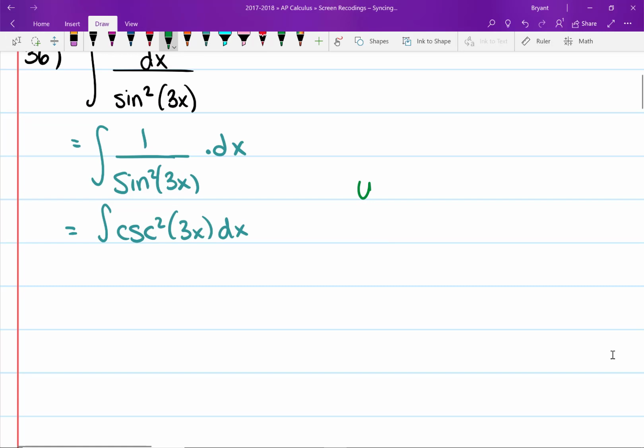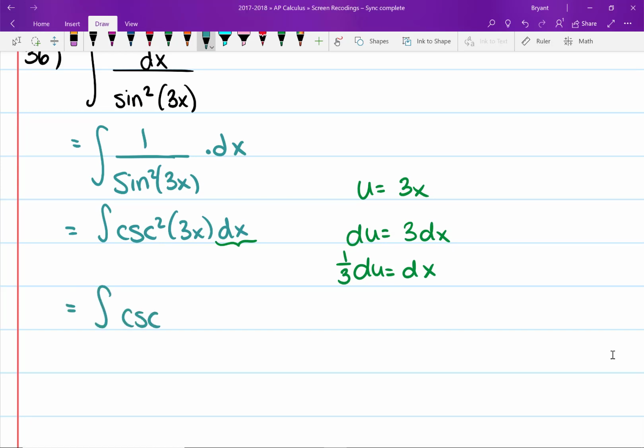So we're going to let u equal 3x and du equal 3dx. Now again, notice I don't have a 3 right here, so I'm going to go ahead and multiply both sides by 1/3 to get the dx all by itself. And now I'm going to use my u sub to get the integral of cosecant squared of u times 1/3 du.